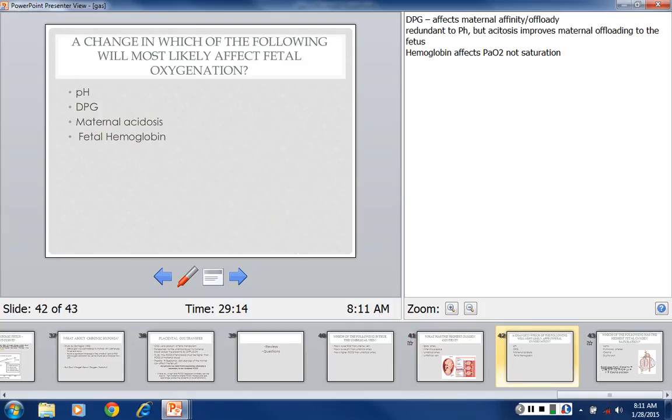Okay. Which of the following is most likely to affect fetal oxygenation? The pH, the 2,3 DPG, maternal acidosis, or changes in fetal hemoglobin.